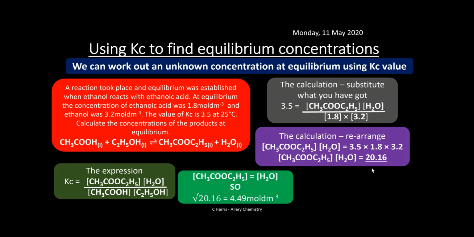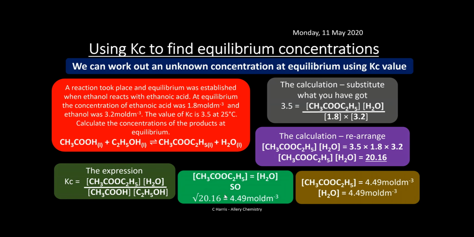So we know that the concentration of our ester equals the concentration of water. So what we can say is that the concentration of one of these is going to be the square root of our answer that we got here. So that's going to be 4.49 moles per decimeters cubed. So therefore, the concentration of our ester is going to be 4.49 moles per dm cubed, and the concentration of our water is also going to be 4.49 moles per decimeters cubed.